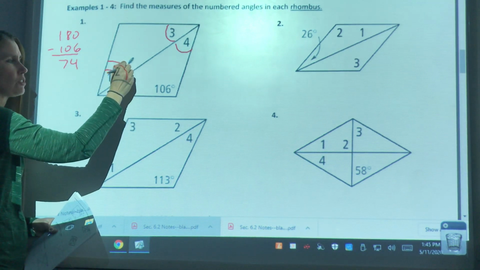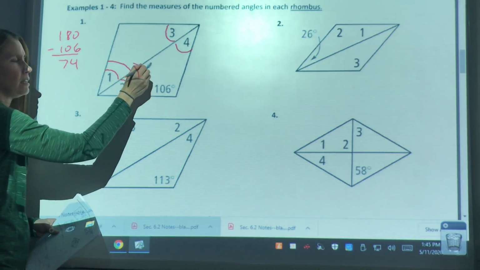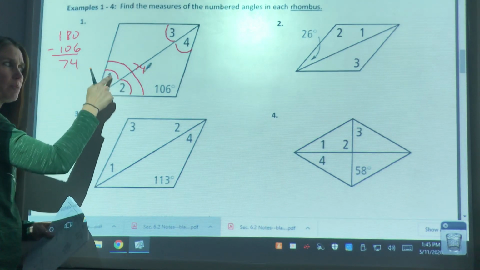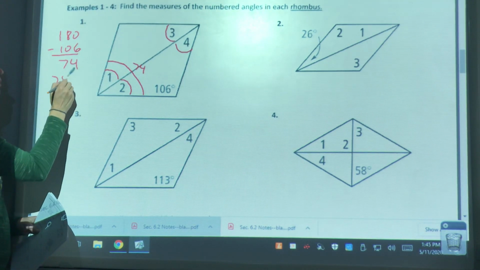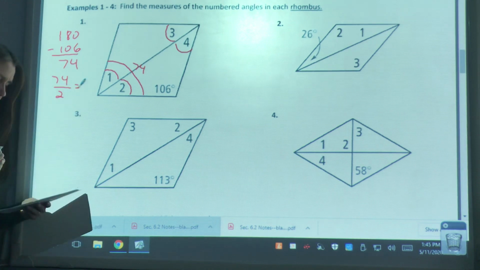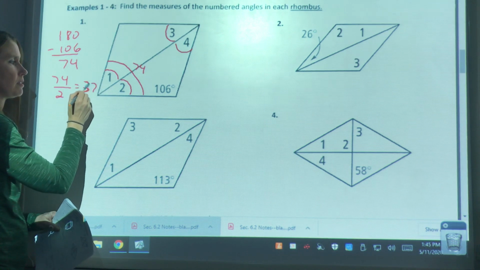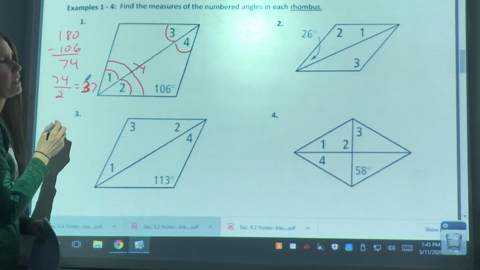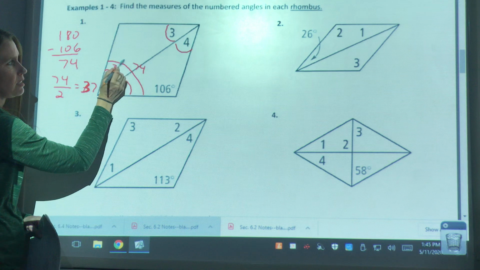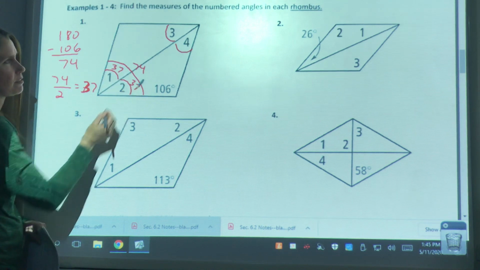Well, I guess I can show that here. If I want to know what each one of these separately is, I can go 74 divided by 2, which gives me 37. I can go ahead and get that filled in right here.